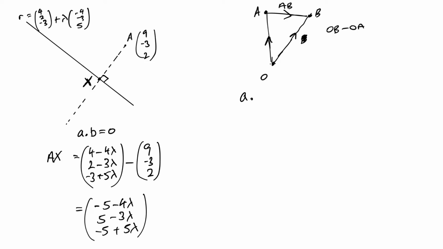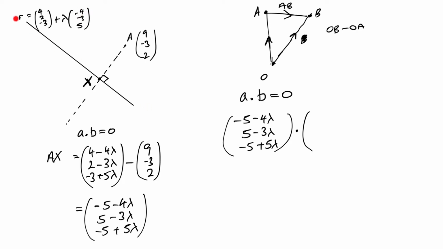Now we can go ahead and use our a dot b. So our a is like our AX, is this: minus 5 minus 4 lambda, 5 minus 3 lambda, and minus 5 plus 5 lambda. And then for b, we want the directional part of this equation. That's what gives it its direction.